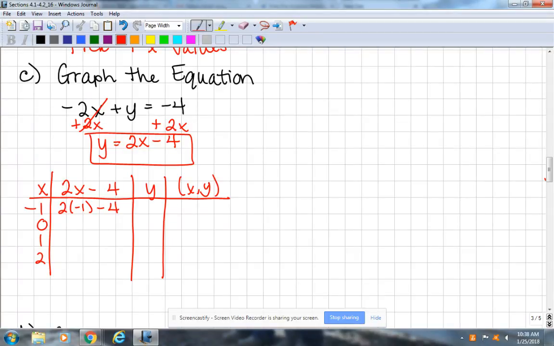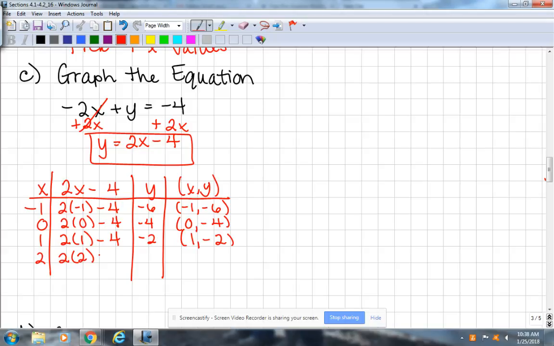Minus 4. -6. Yes. And then 0 makes life easy. 0 minus 4 is -4. 1 is also pretty easy. 2 times 1 is 2. Minus 4 is -2. 2 times 2 is 4. Minus 4 equals 0.